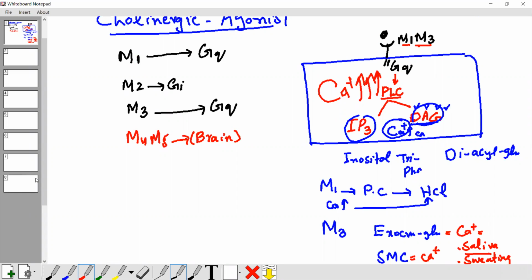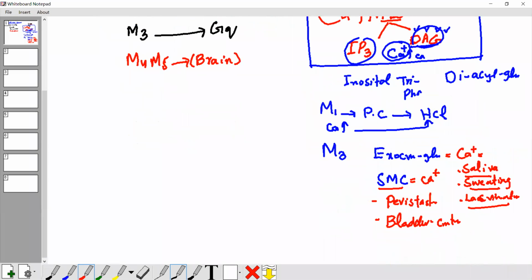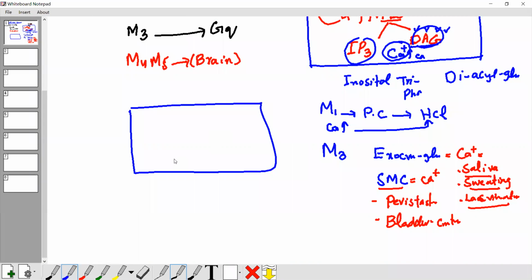Okay. Now come to second receptor M2. One thing keep in mind: all the two receptors, alpha 2, M2, H2, D2, okay, 5H2, also one receptor 5H2. So these all having number 2, all are inhibitory.